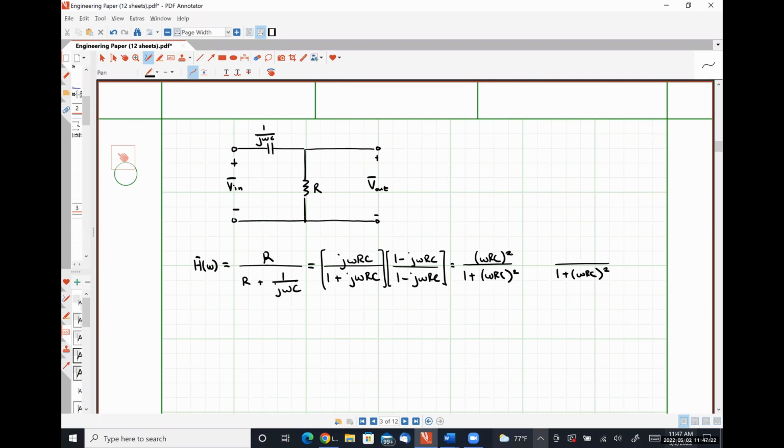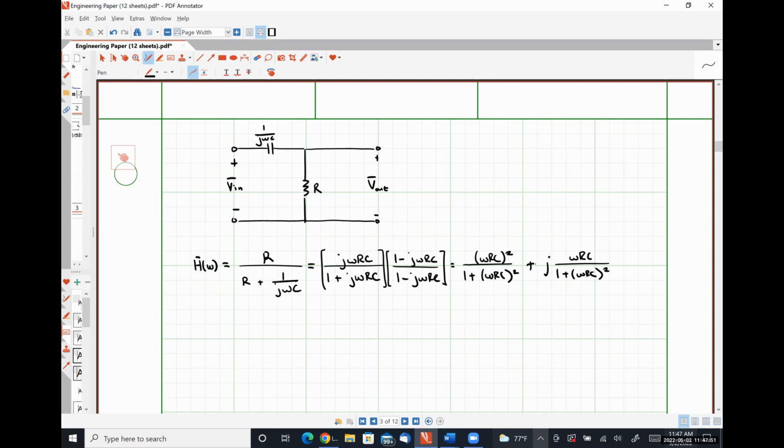And the imaginary part is going to look like j omega RC times 1. So j omega RC. I'm going to move the j out to here, and we should have a positive sign. Everybody comfortable with the math we did to split this guy up into its constituent real and imaginary part?